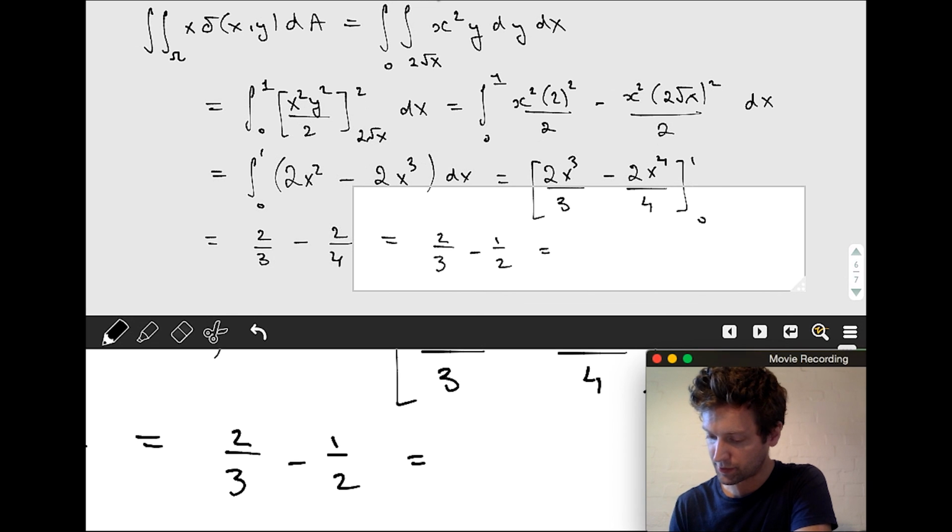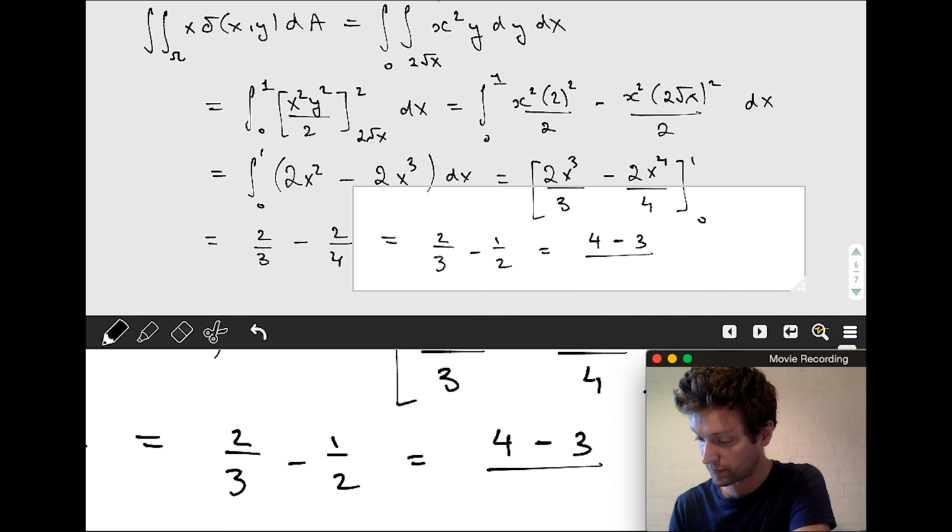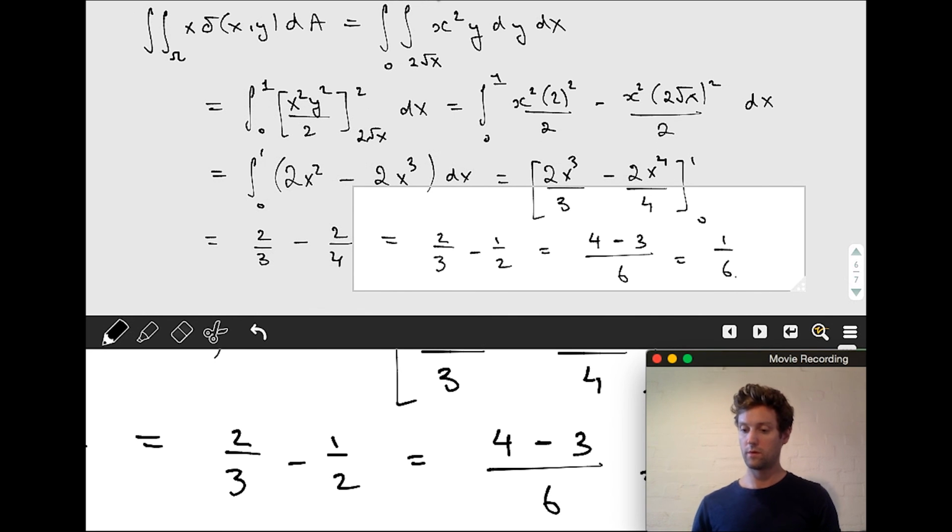So that'll be equal to 4 minus 3 over 6, which will be equal to a sixth. So that's the second of our integrals.